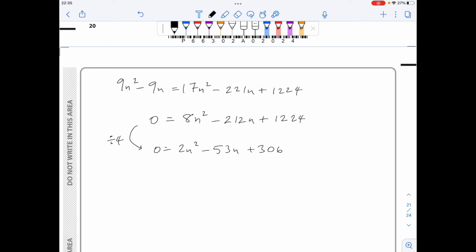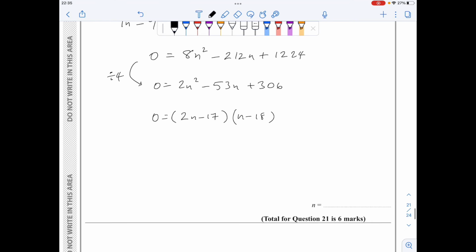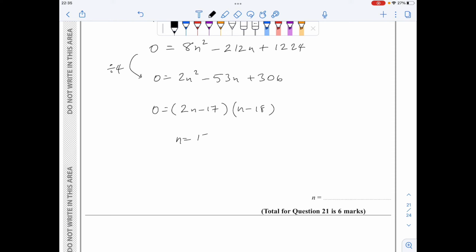I used factorization and got the following: 2n minus 17, n minus 18. So my n value was 17/2 or 18. Now n is the total number of beads, so I'm going to reject the 17/2. n has to be an integer, so n is equal to 18.